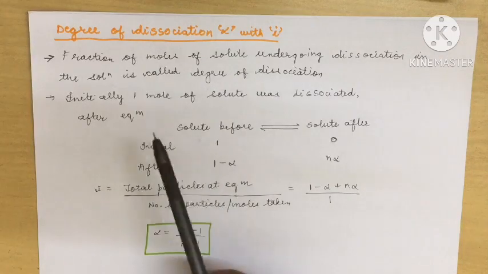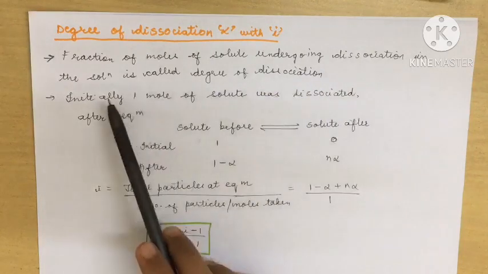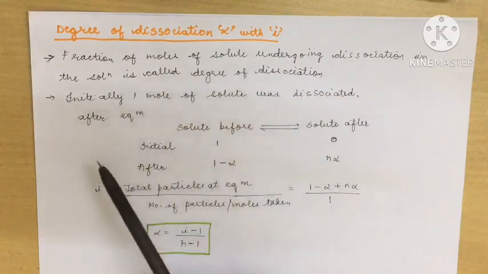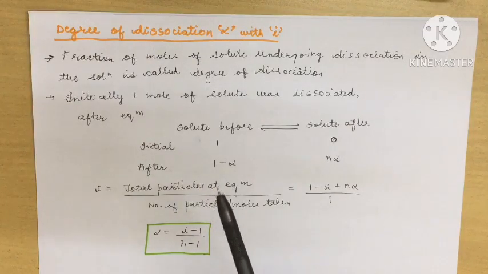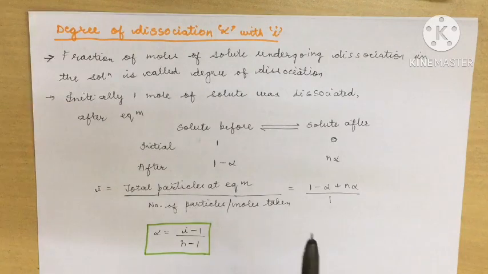This definition says that the fraction of moles of solute undergoing dissociation in the solution is called degree of dissociation. Means out of the total number of moles of solute, how many moles are undergoing dissociation? That is called the degree of dissociation alpha.